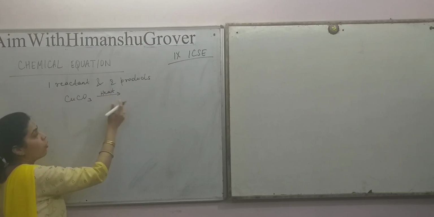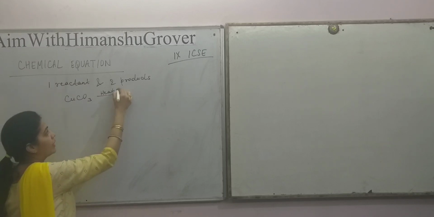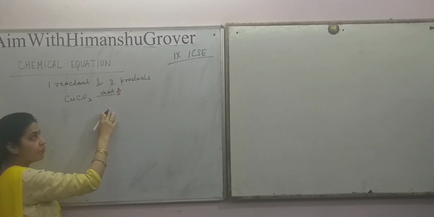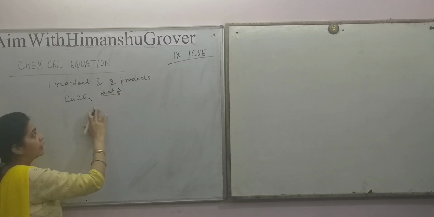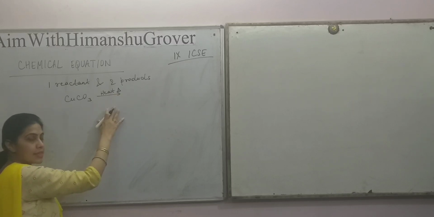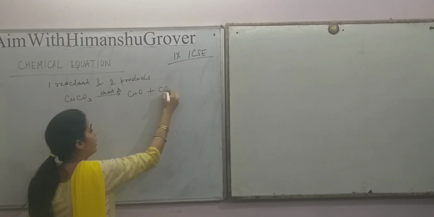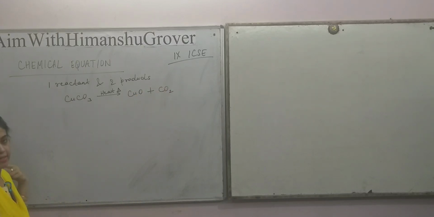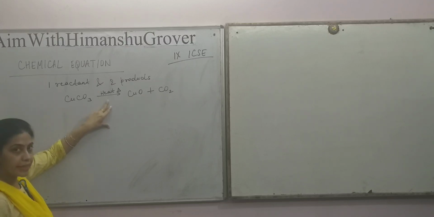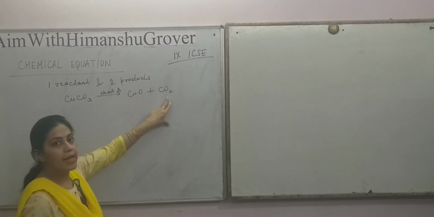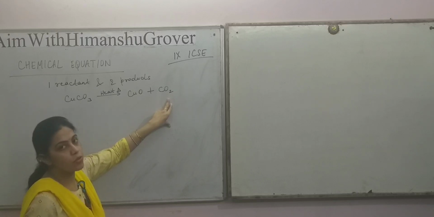We write heat, or it is also represented by a sign delta. If we write delta here, it means copper carbonate is heated to produce copper oxide, and carbon dioxide gas is evolved.